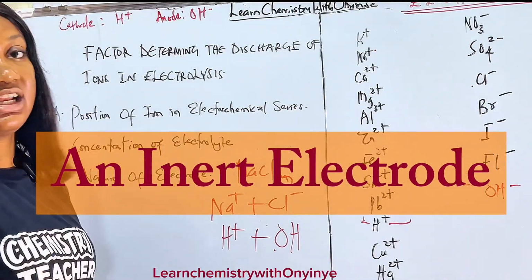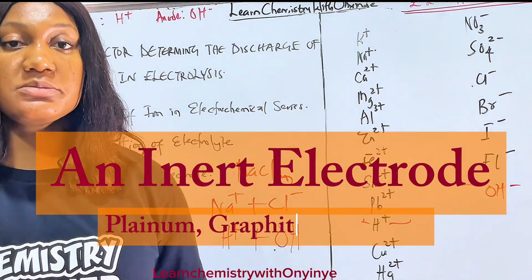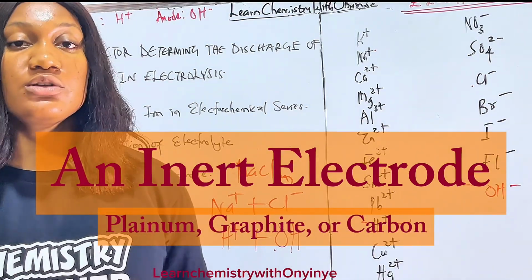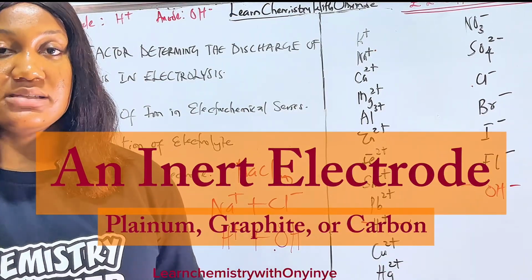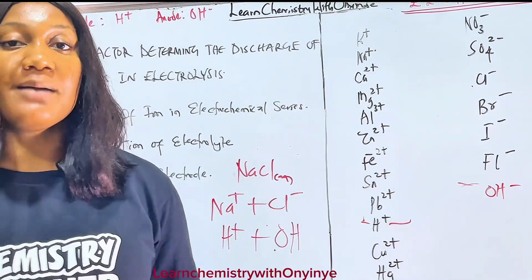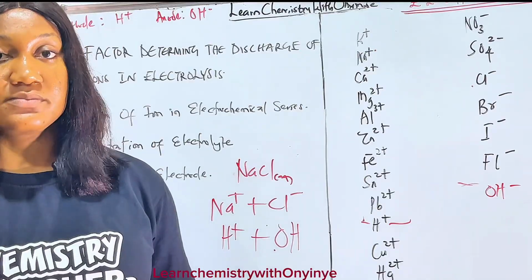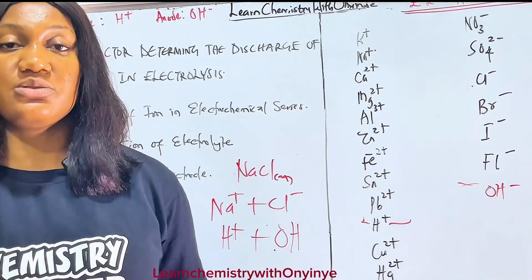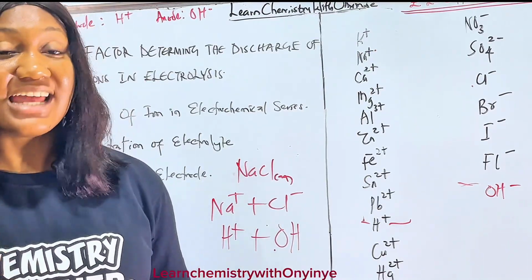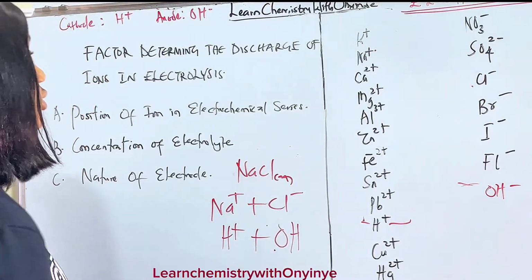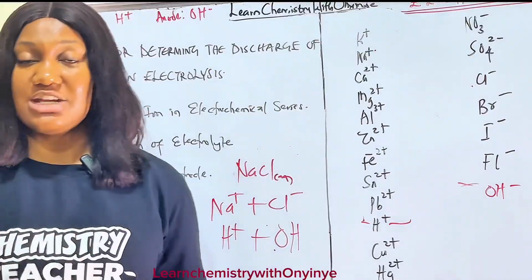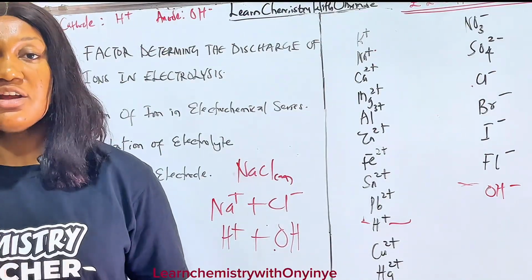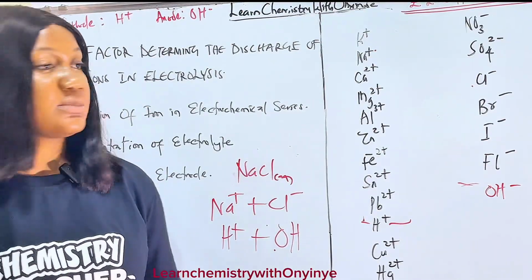We have three inert electrodes: platinum, carbon, which is interchangeably called graphite. So platinum, carbon, or graphite. These are the three inert electrodes that we are likely going to be using, and the electrolysis will obey this law wholly, because these electrodes do not react with the electrolyte.